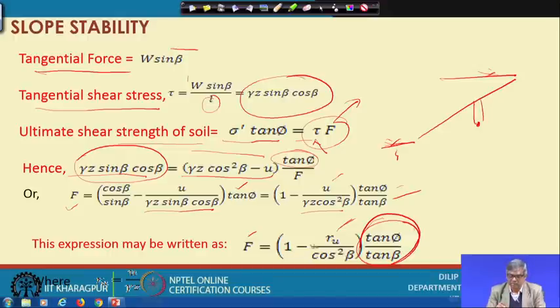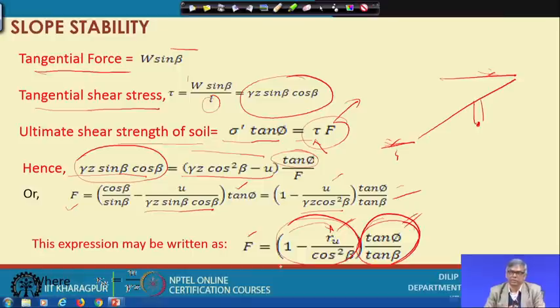Since it is always 1 minus something, this value is less than 1, so the factor of safety is reducing. That means because of the rise of pore pressure in the soil, your factor of safety will be reducing.